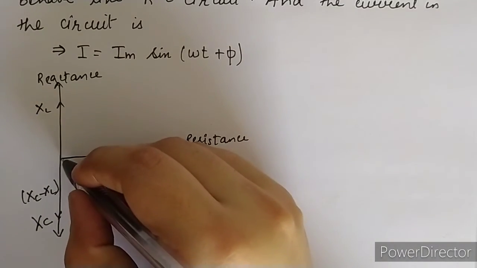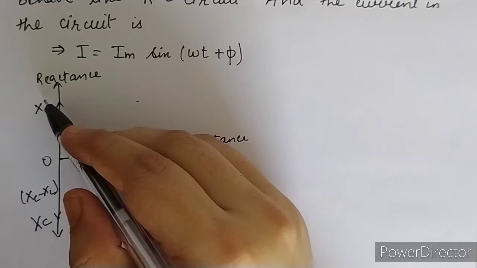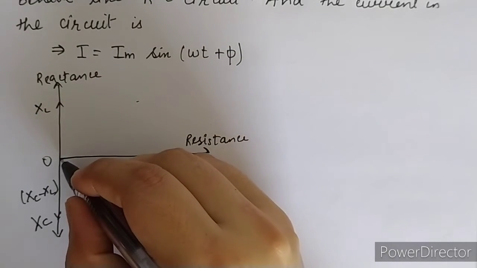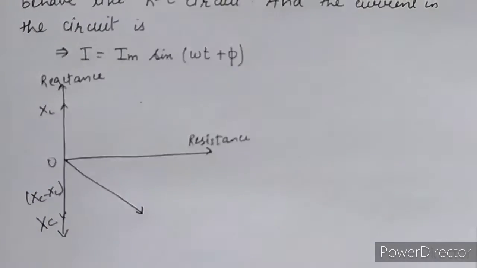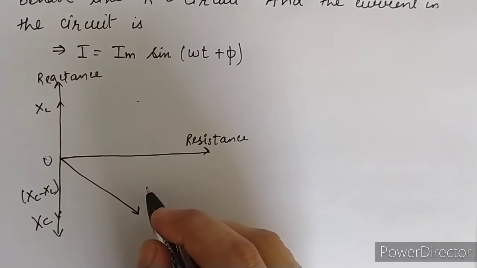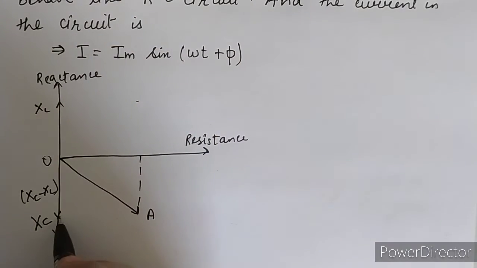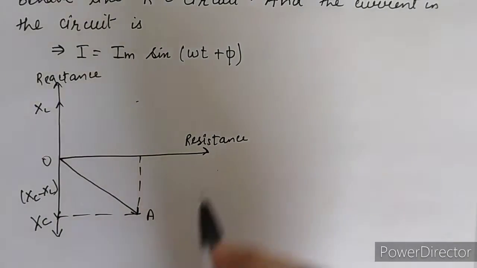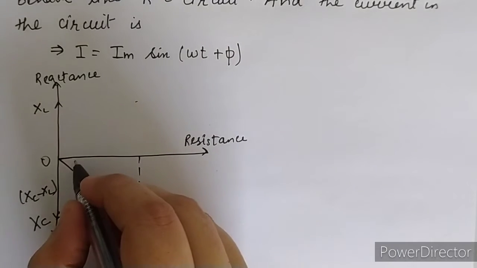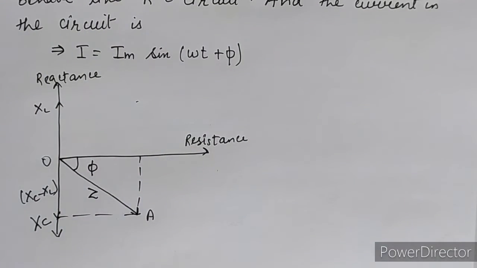Okay. So the impedance lies in this way. Previously it lay this way because XL was greater than XC. Now it is this way. So we draw the perpendicular line. This is point A and here like this. It makes the angle phi, and this is the value of the resultant one, meaning the impedance.